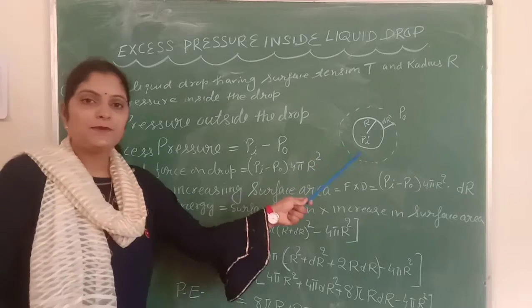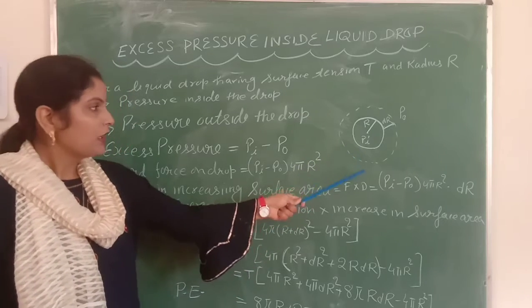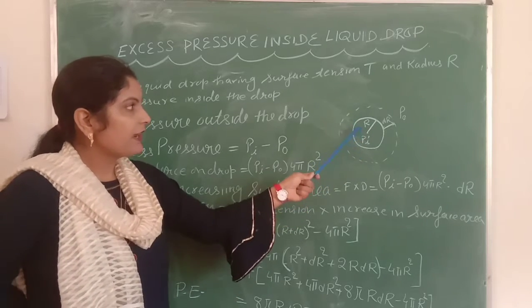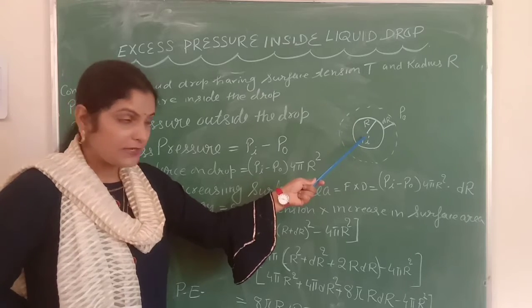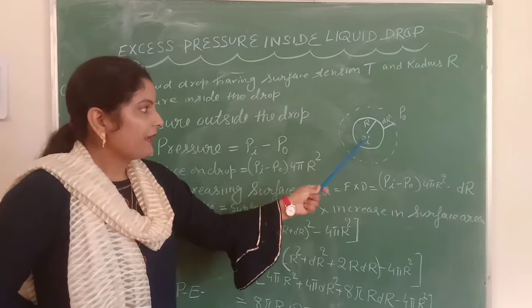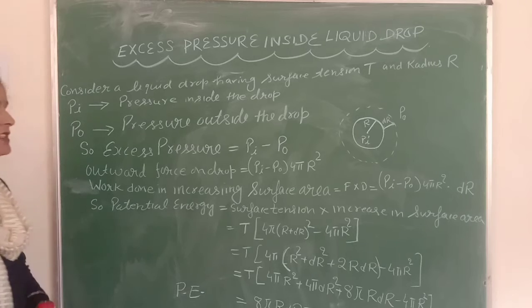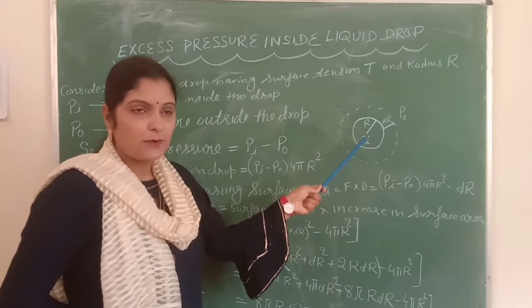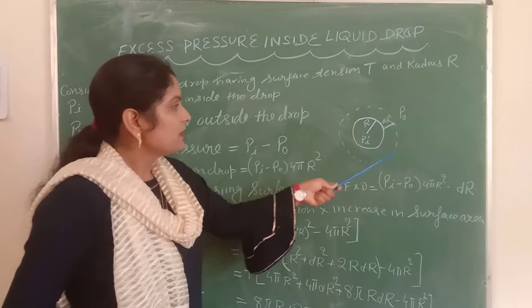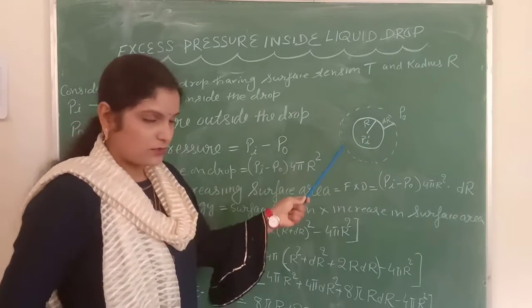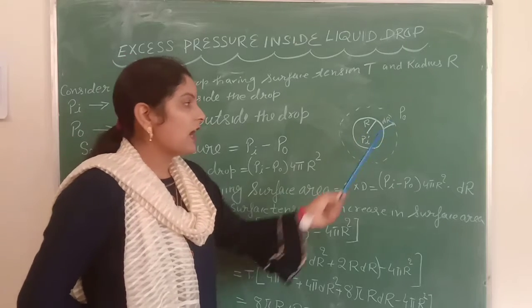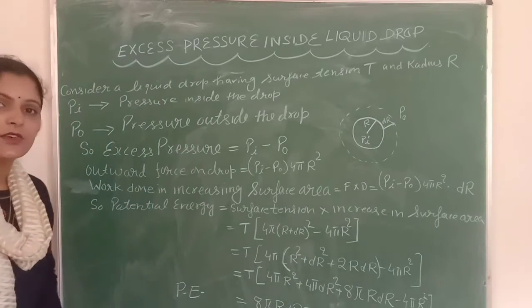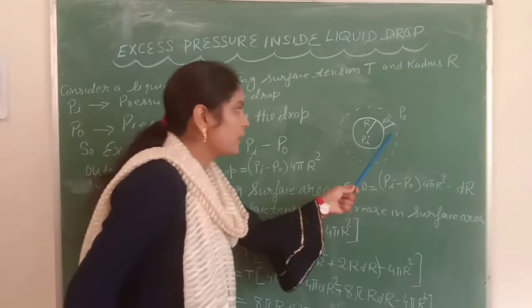First of all, I have taken a liquid drop. You can see the radius of the liquid drop is capital R, and whenever it is stretched, that means pressure is applied on it, where Pi is the inside pressure inside the drop, then it will get stretched. And dr is the increased radius of your liquid drop.